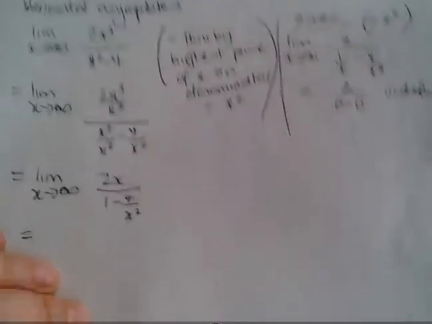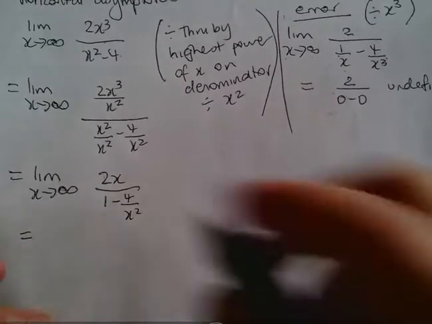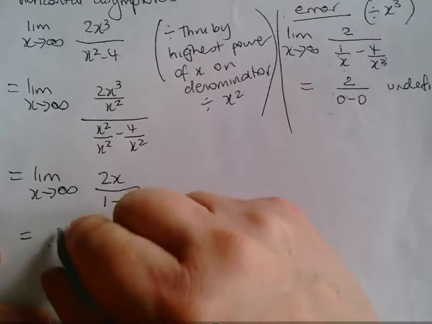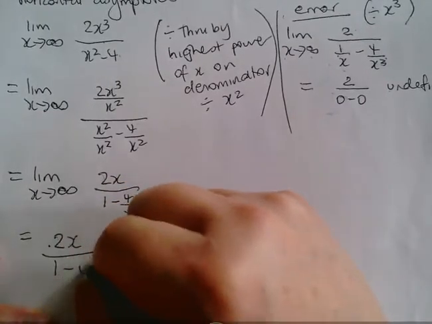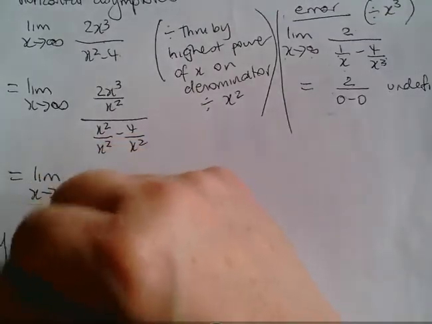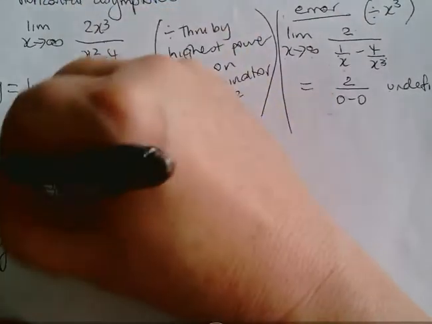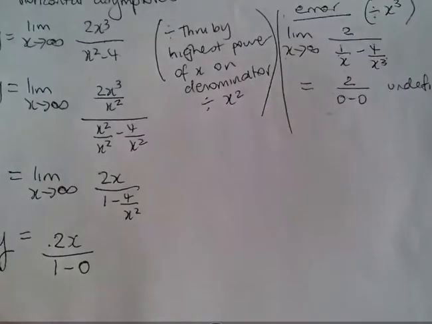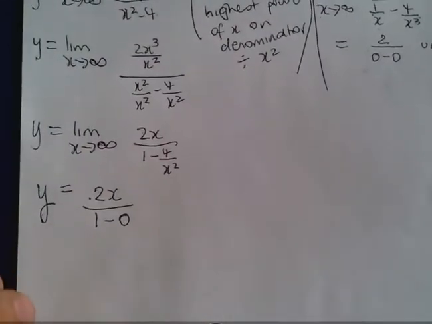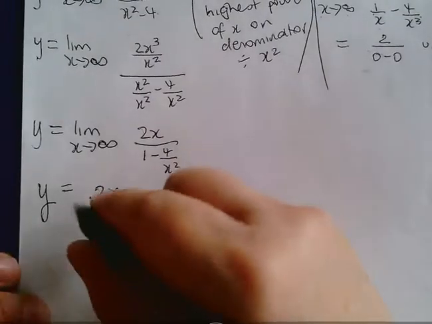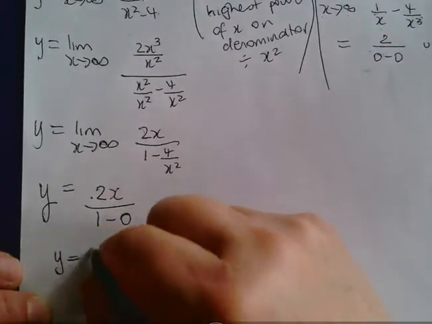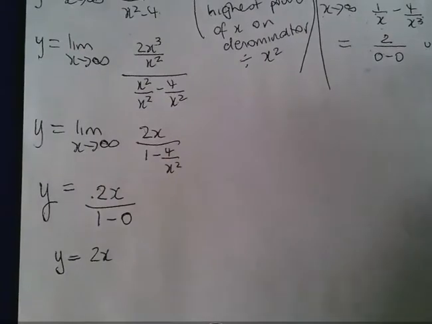And when I substitute my limit as x approaches infinity, I'll get 2 times whatever x is over 1 minus 0. Now, this is a y equals, by the way. When you do limit, your horizontal asymptote is a horizontal line, which is always of the form y equals. So I get 2x over 1 minus 0. Your asymptote is the line y equals 2x.